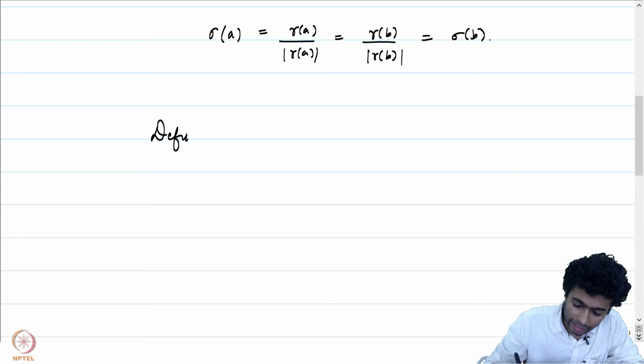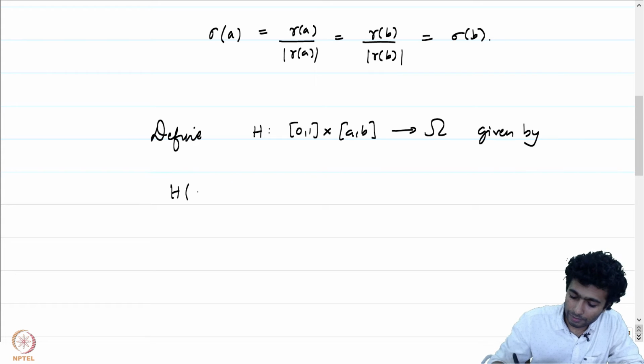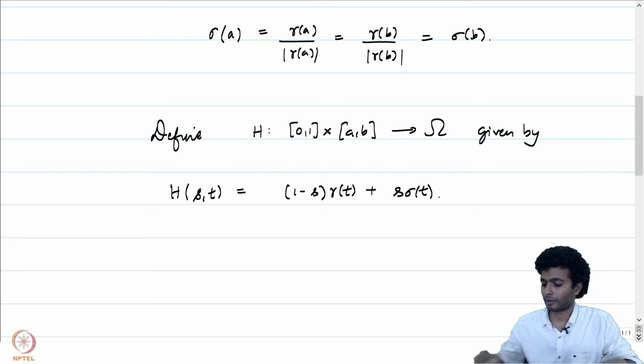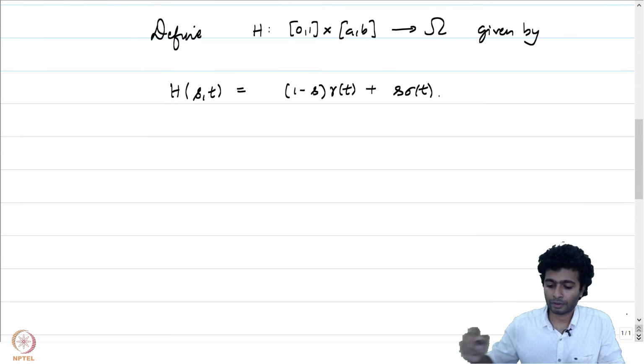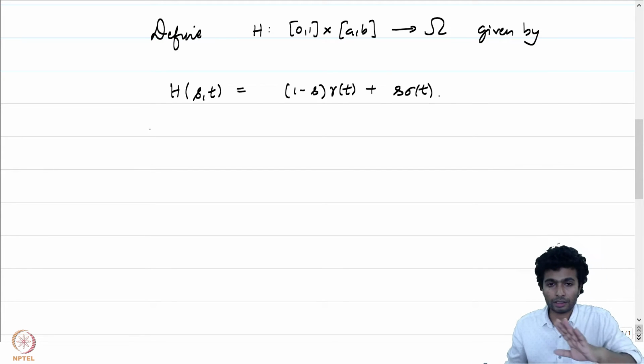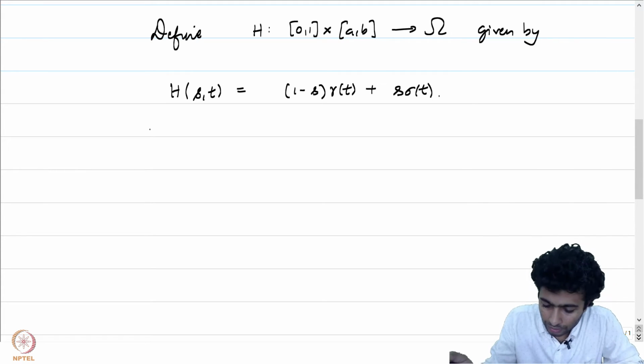So define H from 0 1 cross AB into omega given by H of S comma t is equal to 1 minus S times gamma of t plus S times sigma of t. I'll in fact leave the entire process of checking that H is indeed a homotopy of closed curves from gamma to sigma as an exercise to you.